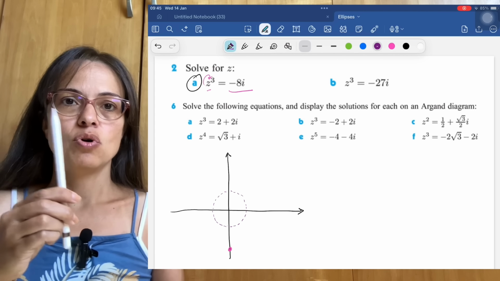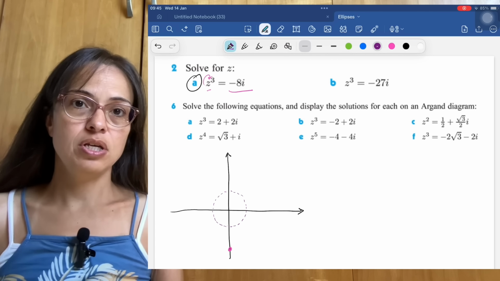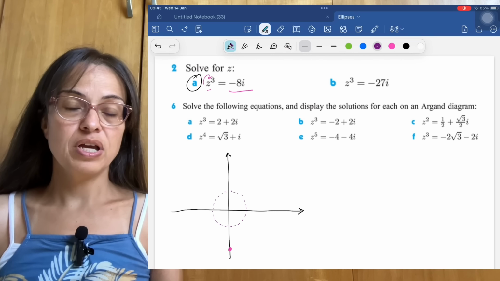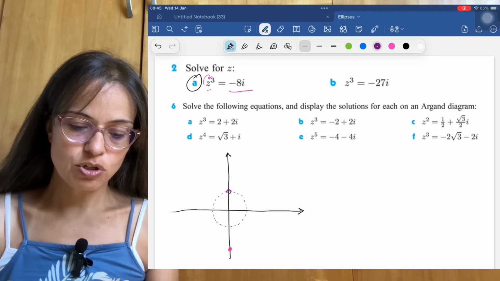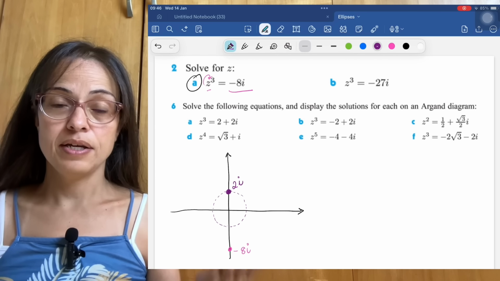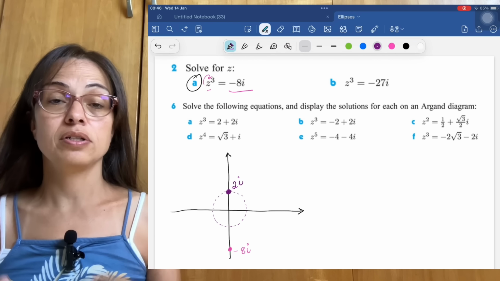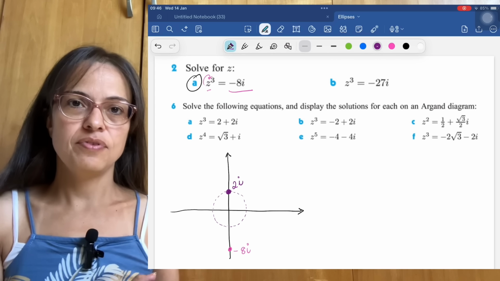So it's going to go 1, 2, 3, and reach the argument in the bottom that we had mentioned before for the pink point, which means that the argument of z needs to be a third of that. So 2i is our first solution. When you take the number 2i and you put that to the power of 3, you get negative 8i.